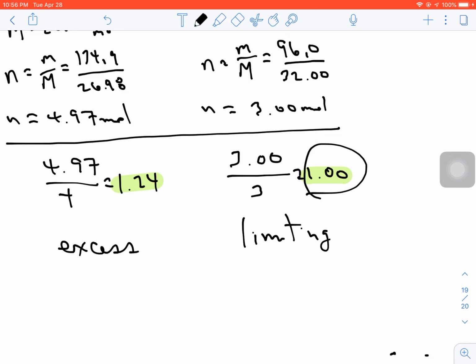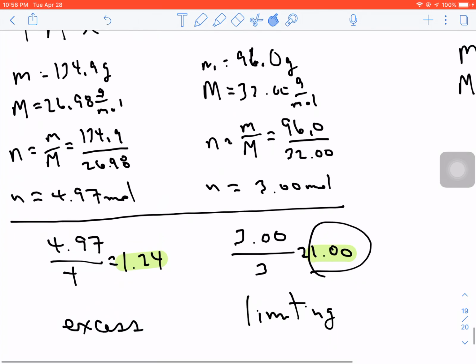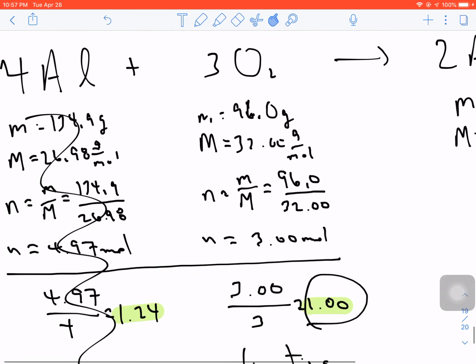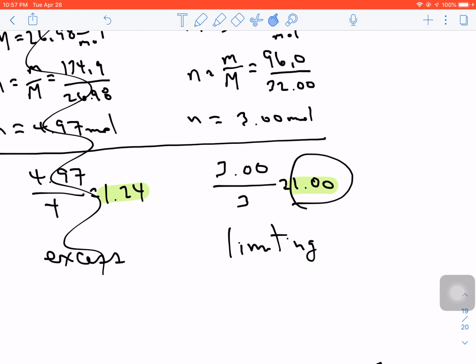Because the one on the left is in excess, I really don't need any of the math from this side, because everything on this side is irrelevant now. The one that's important for doing the rest of the question is the one that decides how much product I can get, which in this case is the oxygen gas. It is the 3 O2s that decide how much product I'm going to be able to make.